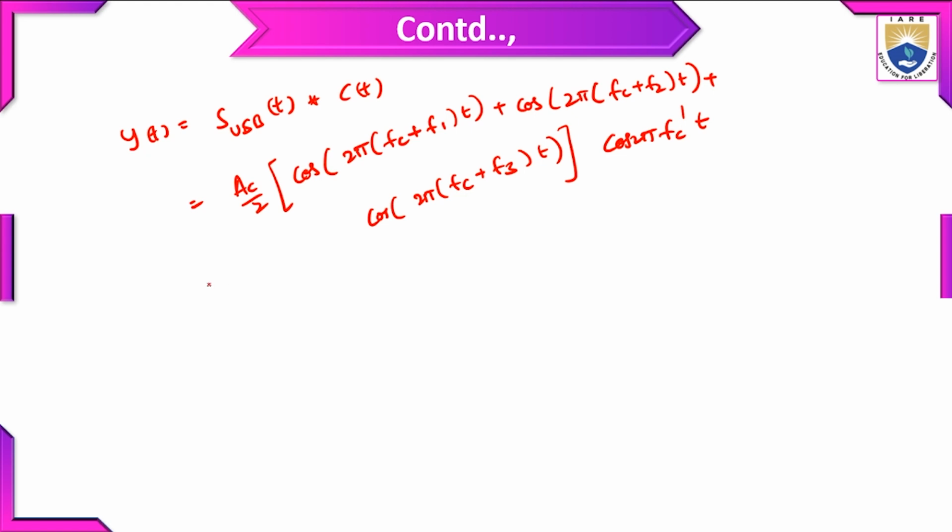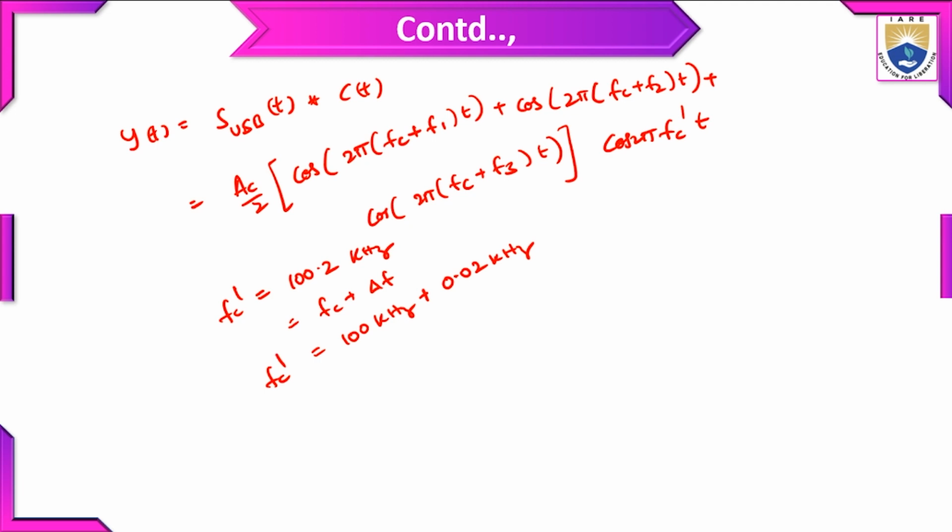Where Fc dash is given as 100.2 kilohertz. So that is Fc plus delta F. So Fc is 100 kilohertz plus 0.02 kilohertz. So this is Fc dash.